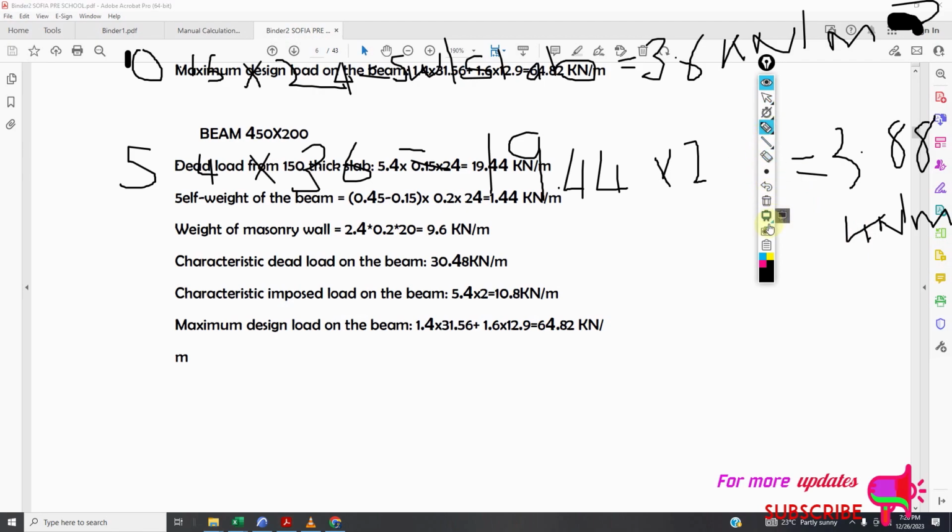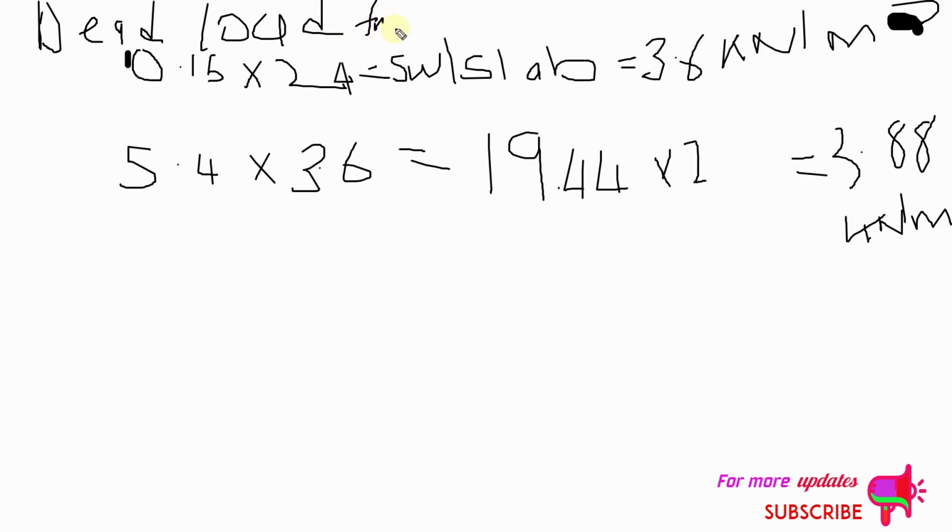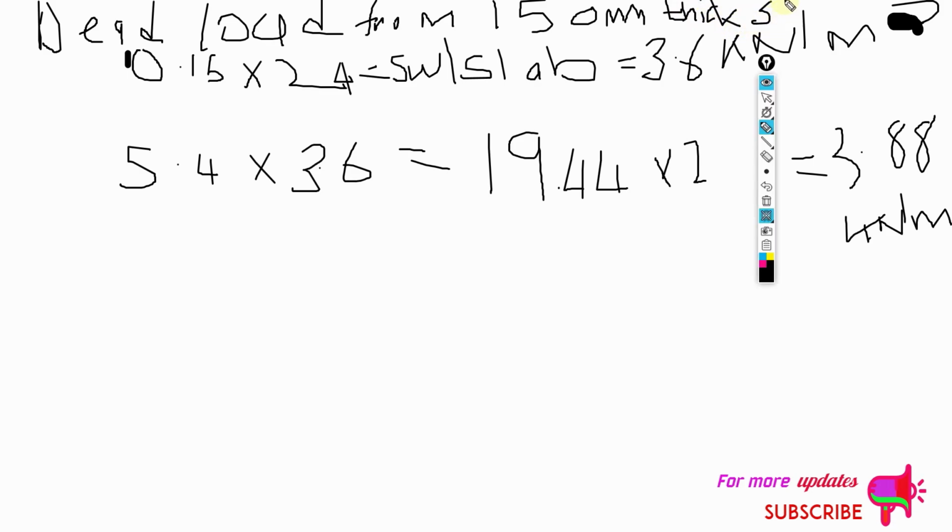So this is the dead load from the 150 millimeter deep slab.